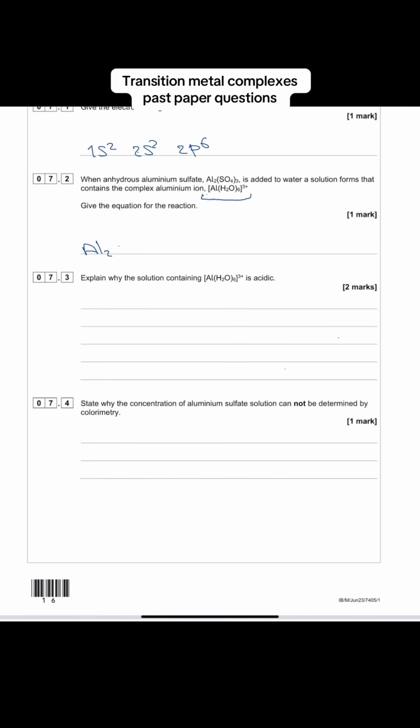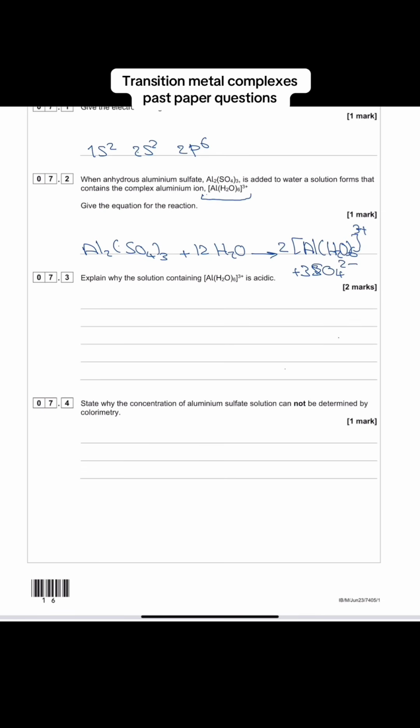So the aluminum sulfate, and then we need to add the water molecules. In this case, we're going to add 12 molecules of water, because there are 2 atoms of aluminium here, and we would need to give 2 of the aluminium complexes. So Al(H2O)6, each with 6 water molecules, of course 3 plus, and this is plus the 3 sulfate.